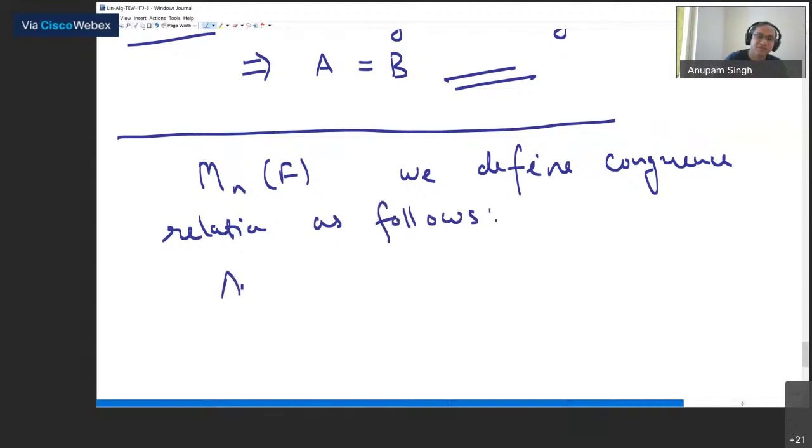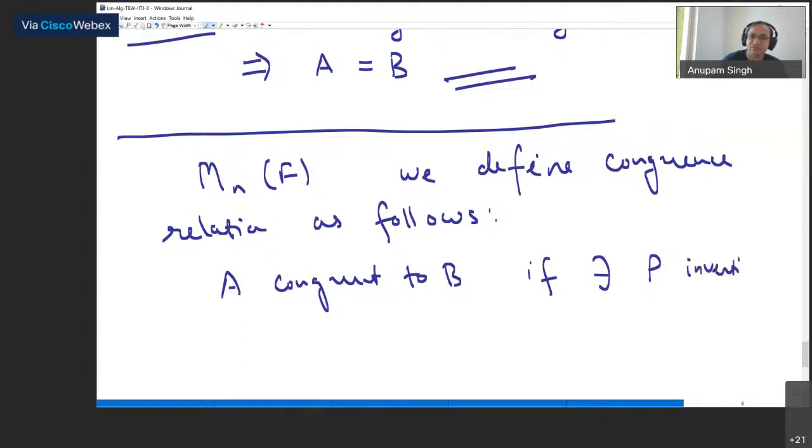A is congruent to B if there exists some invertible matrix P such that P transpose A P is B.